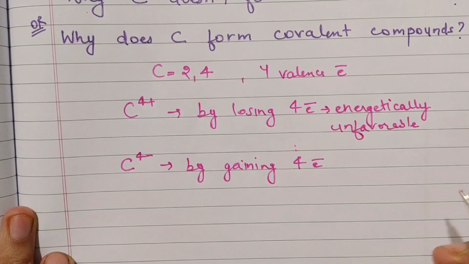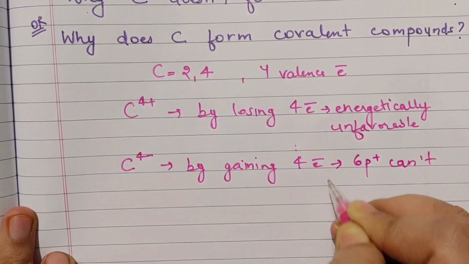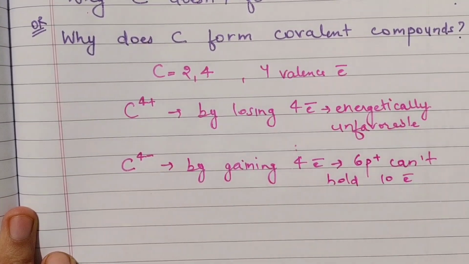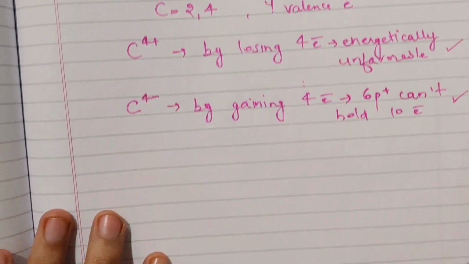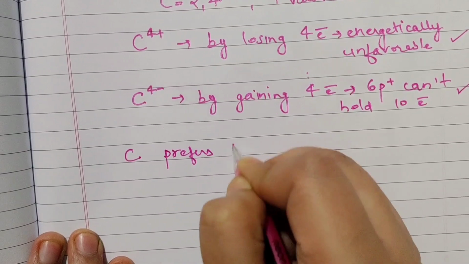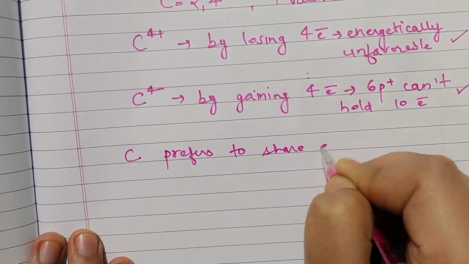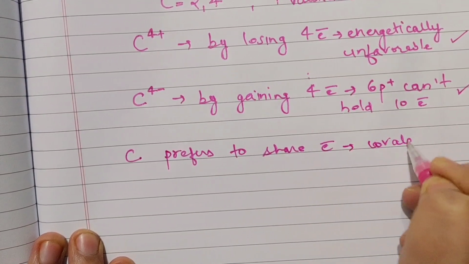That also does not happen because 6 protons cannot hold 10 electrons. Right? That is why these 2 things don't happen. What happens then? Carbon prefers to share electrons. Okay? And in doing so, it forms covalent compounds.